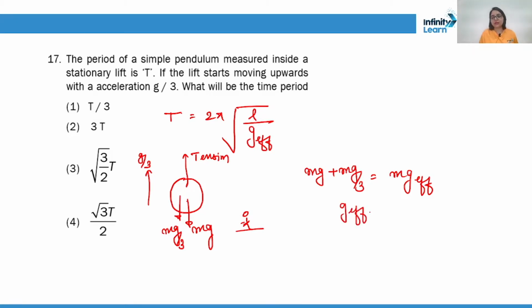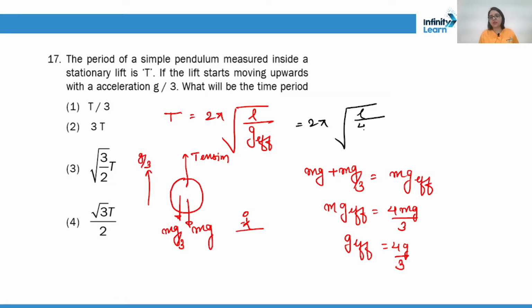So mg effective in this case will be 4 mg by 3, or g effective will be 4 g by 3, right? So the time period in this case is 2 pi under root L upon 4g by 3, and that is equal to root 3 by 2 into 2 pi under root L upon g.